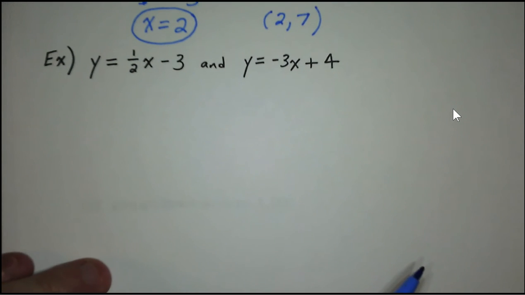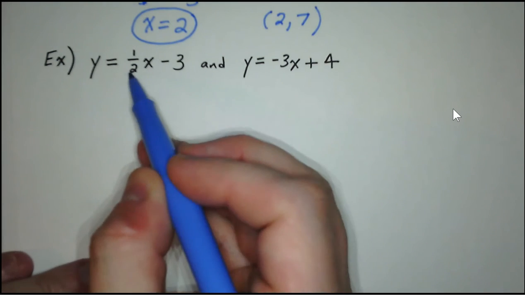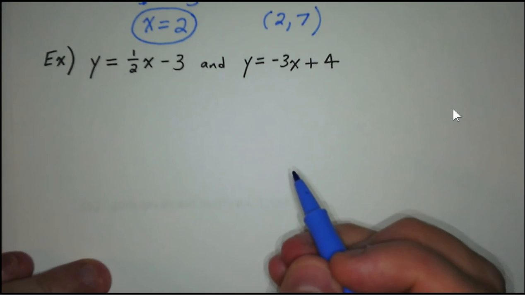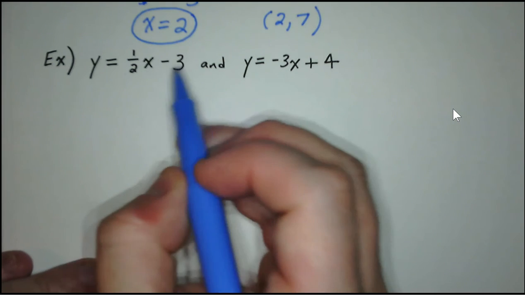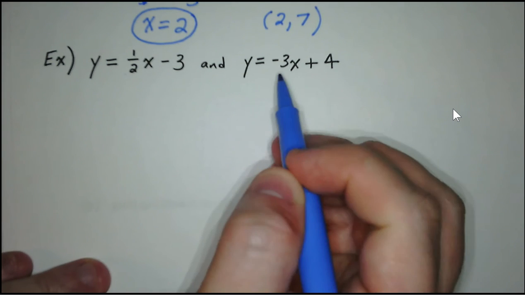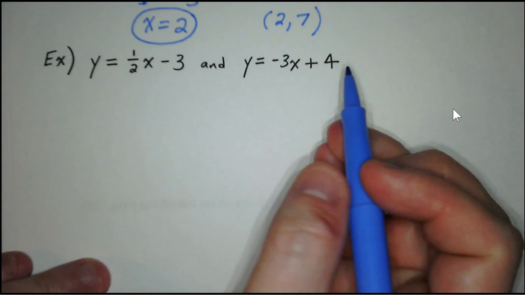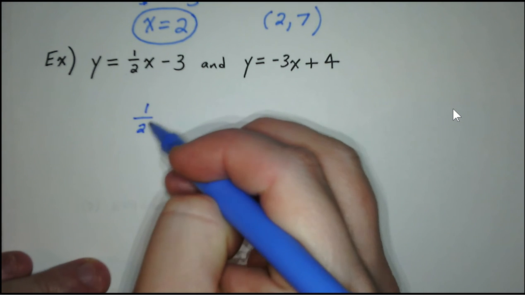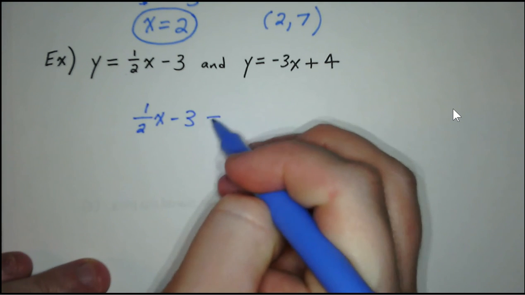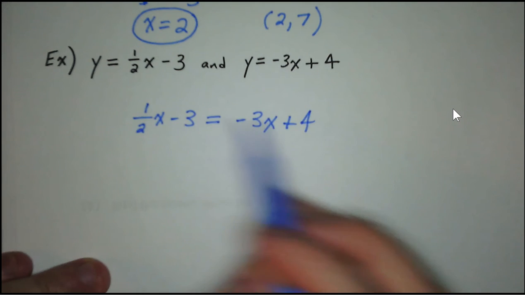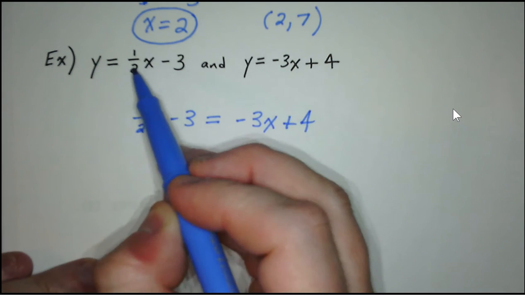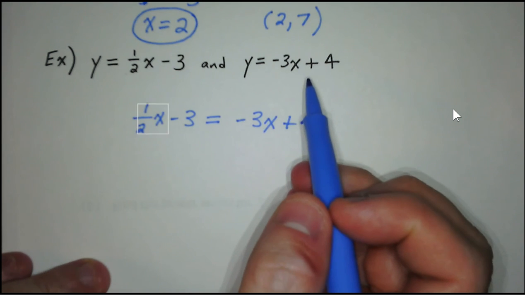One more quick example. Nothing new about this really. Maybe the fraction could mess with you a little bit. But still, notice that both equations are equal to y, so you can set the equations equal to each other. Now remember, you can only do this when both equations are equal to y.